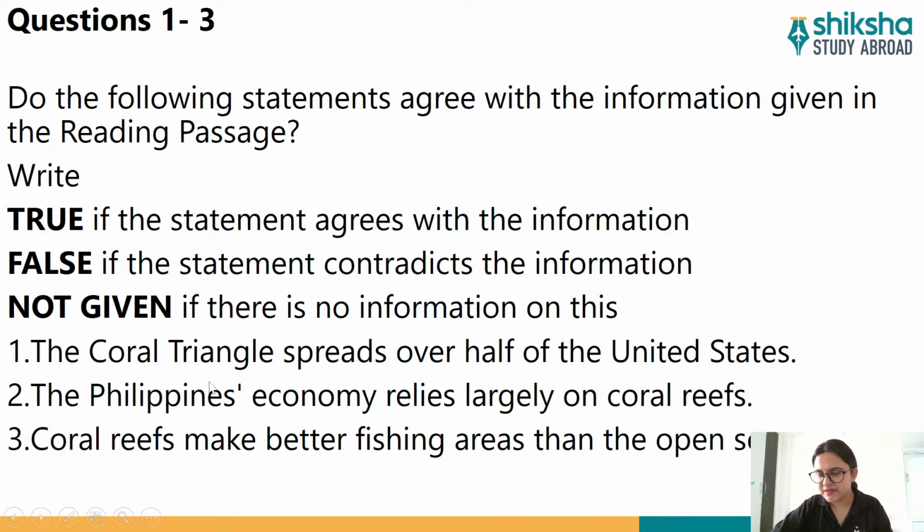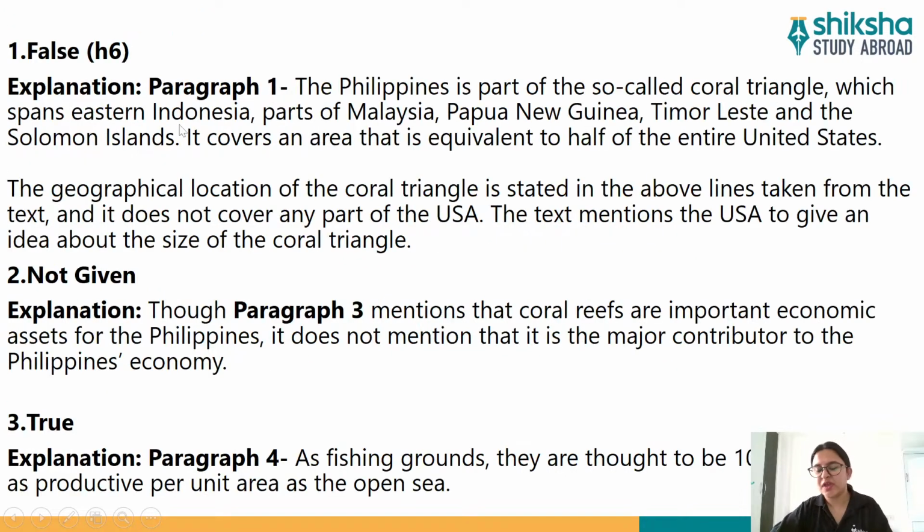But in the sentence in the question, they are saying the coral triangle spreads over half of the United States. So is it true, false, or not given? Definitely it's given, so not given is an option that can be eliminated. True, it is not. Why? Because it is contrasting with the statement which has been presented in paragraph 1.